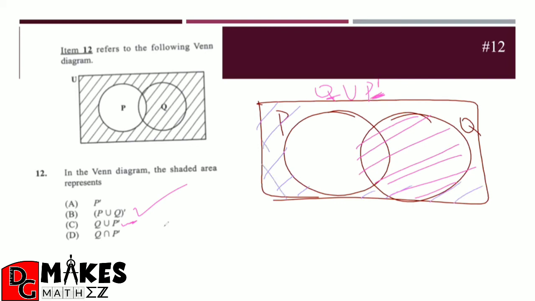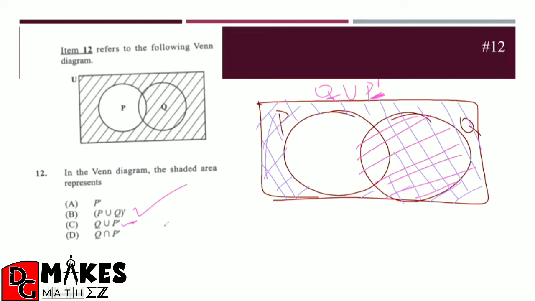All right, let me just shade those in the other direction. Everything outside of P. That would have been the answer. And so it means then that if I want the union of Q, which I shaded in pink, and P complement, which is shaded in lavender, then everything that's shaded would now be the union.